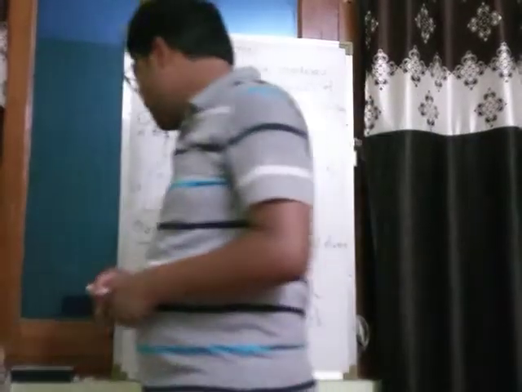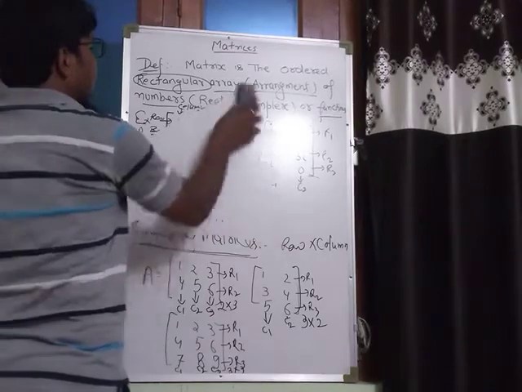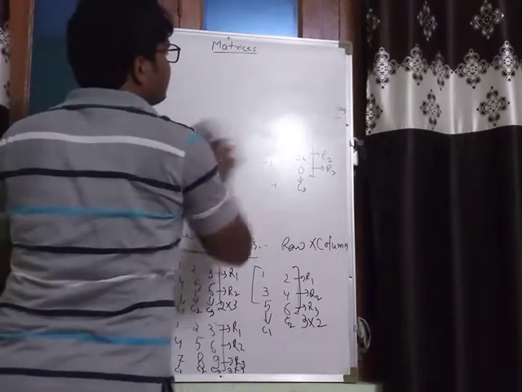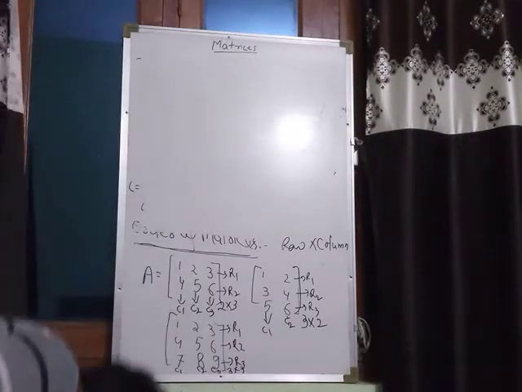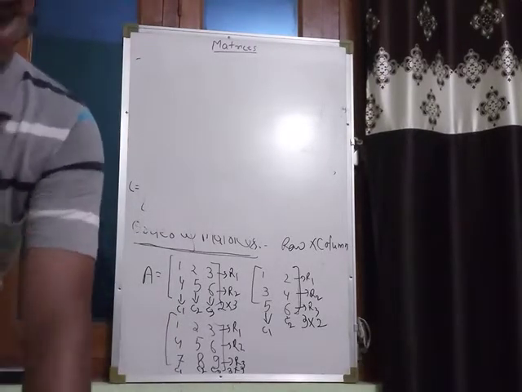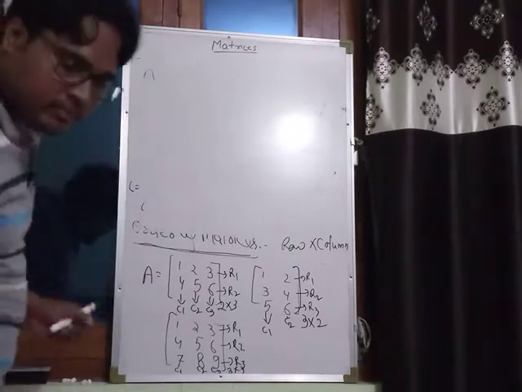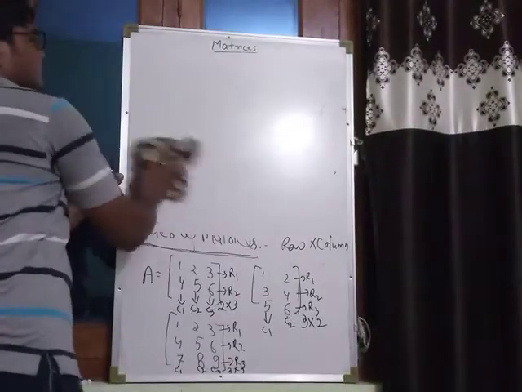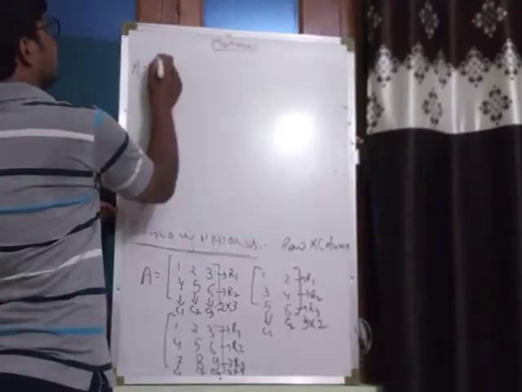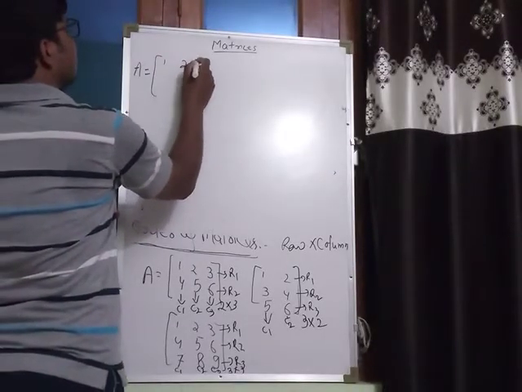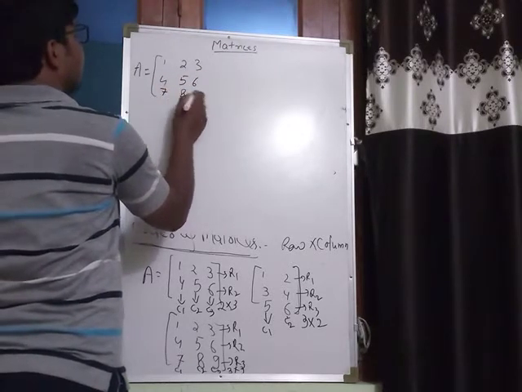Okay. Now I am going to teach you how many elements are there in a matrix. Consider an example. Matrix A: 1, 2, 3, 4, 5, 6, 7, 8, 9.